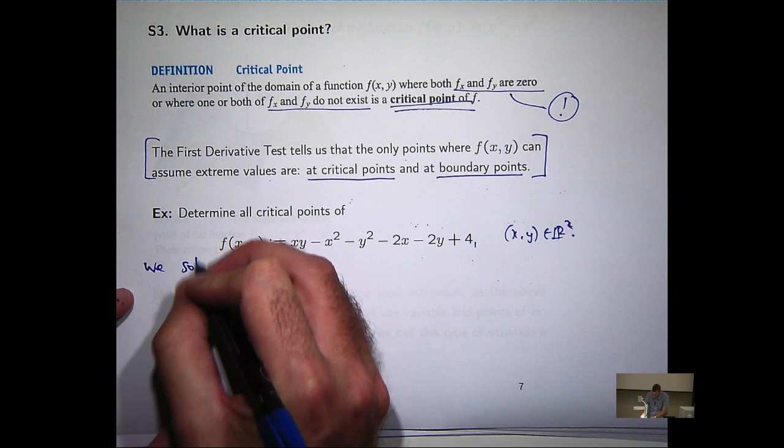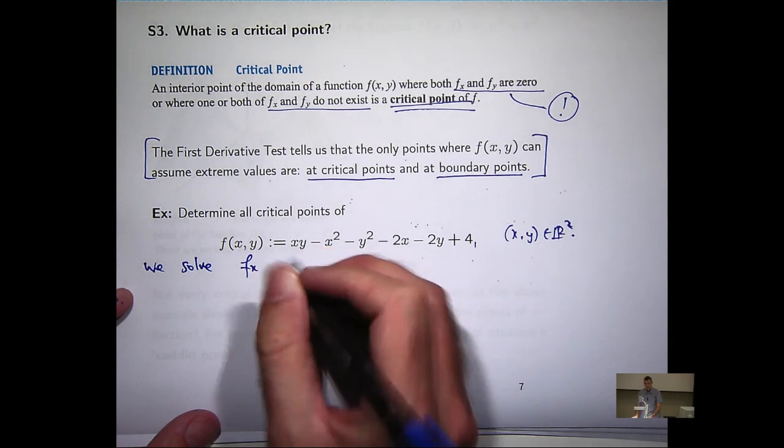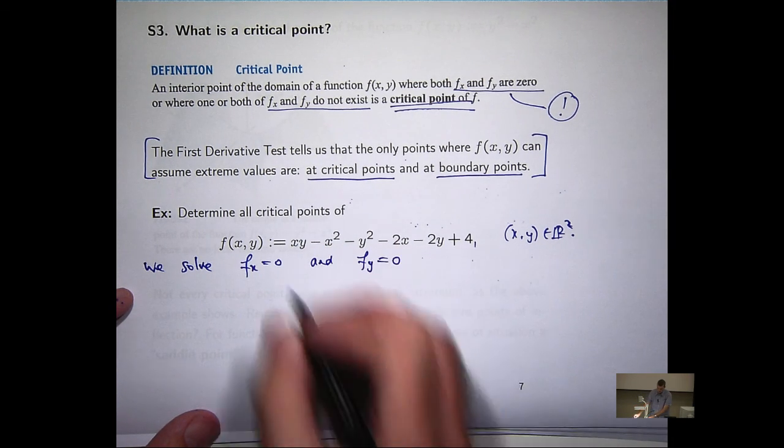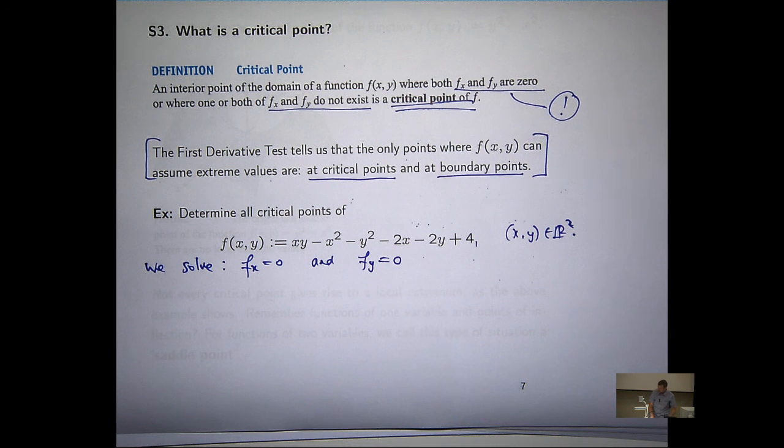So we're going to solve the following. So we're going to get two equations and two unknowns. Two equations, two unknowns. Okay. So let's calculate these partials, set them equal to 0.